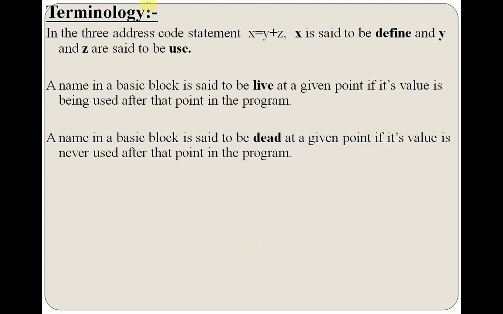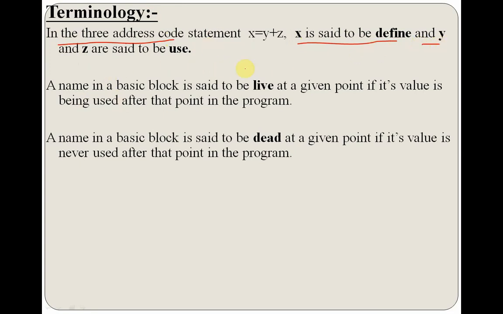Some terminology we will use in basic blocks and flow graphs, which is used in optimization. In 3 address code, take one statement: x equal to y plus z. Here x is said to be defined, and y and z are said to be used.